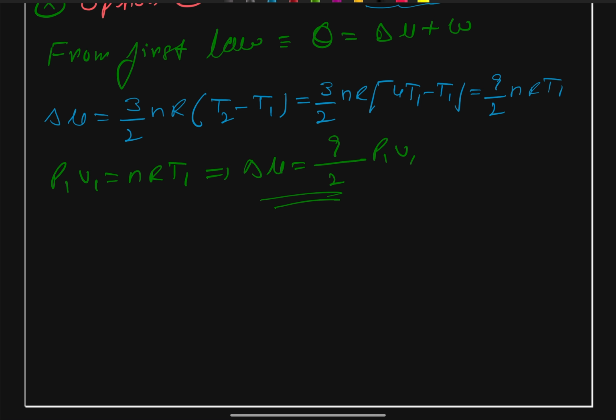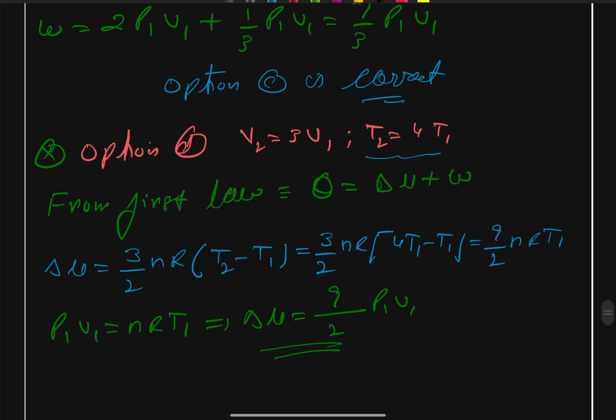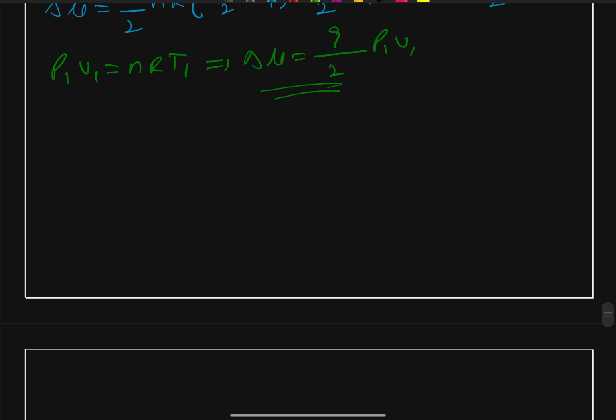Work done we already know is 7 by 3 P1 V1. So we substitute, and we get Q is equal to 9 by 2 P1 V1 plus 7 by 3 P1 V1, and 6 will be our LCM, so it will be 27 plus 14 P1 V1.